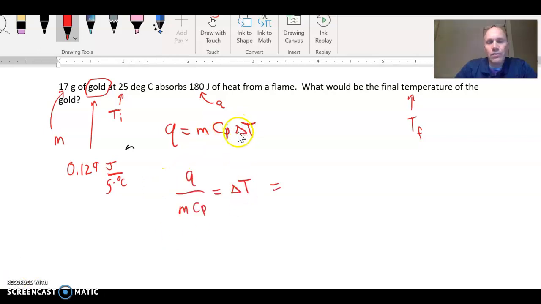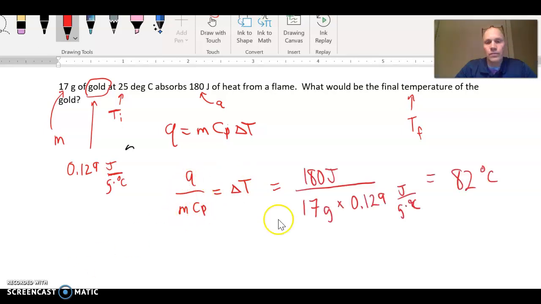First, I'm just going to rearrange this equation to get delta T by itself, and then plug in the values. If you plug those numbers in and calculate the answer, notice when you cancel out your units, the only thing that's left is degrees Celsius. Rounded to 2 sig figs, 82 degrees Celsius.